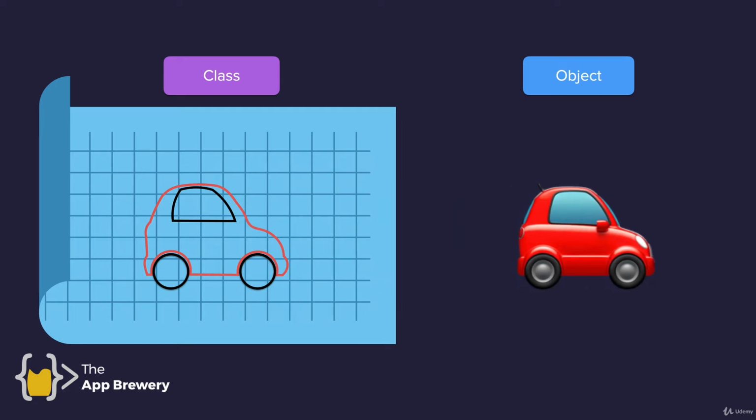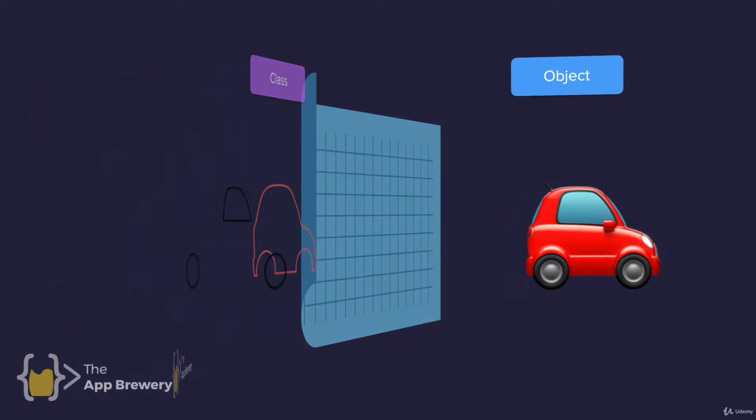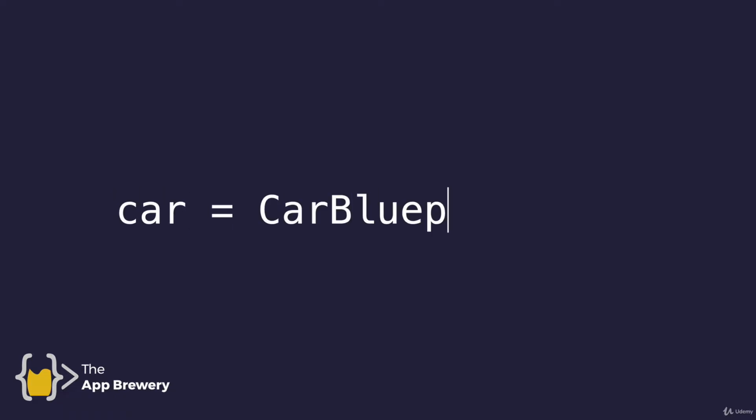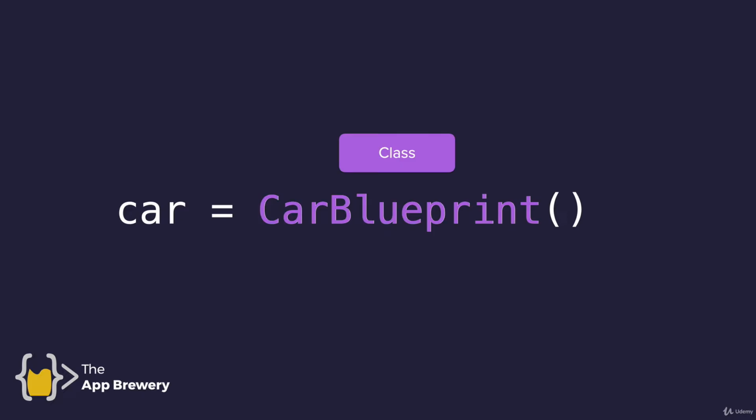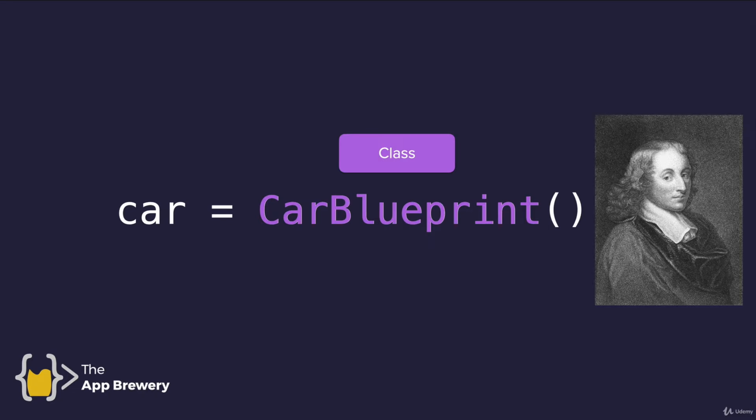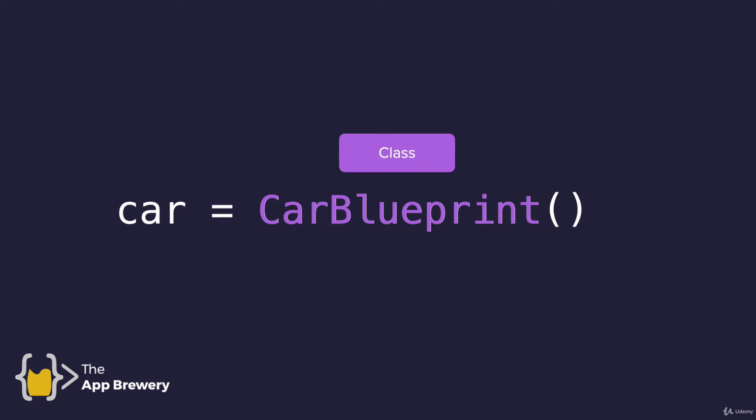Now, the object is the actual thing that we're going to be using in our code. The code equivalent of what just happened, creating a new object from a blueprint, looks like this in Python. You have the class, which is normally written with the first letter of each word capitalized, which is known as Pascal case. This is to differentiate it from all the variable and function names that we give in Python, where each word is separated by underscores.